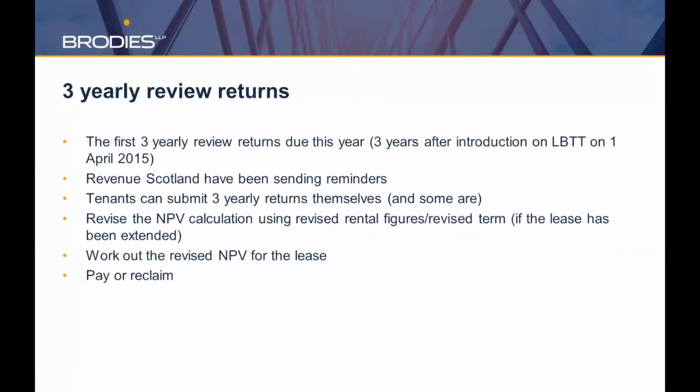When you do the 3-yearly return, you review that position and say, have any of these rental figures changed? We estimated one thing. Did we pay something else? If so, that's what you put in the MPV calculation. This is yet another reason why you need to keep the MPV calculations from the first return, so that you can be sure it makes sense.